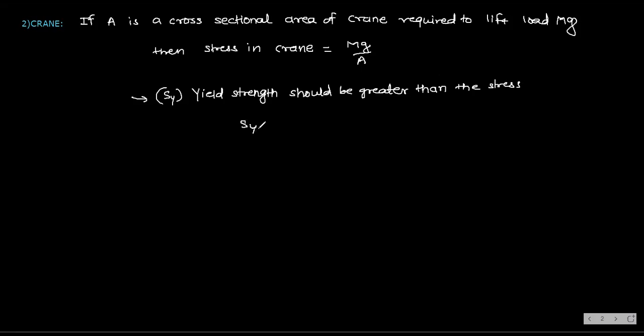That is, Sy should be greater than or equal to mg by A, or A should be greater than or equal to mg by Sy. Then only it will withstand, otherwise it is not possible. Otherwise the wire will get permanently deformed.